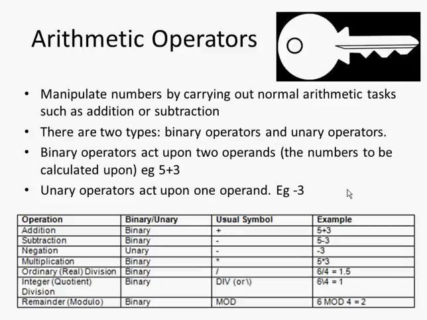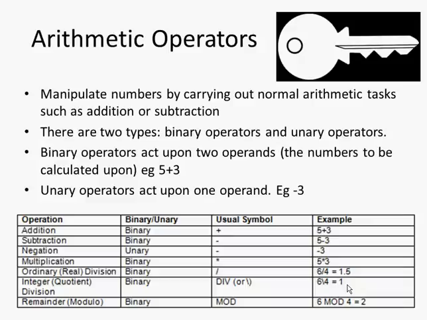You'll need to pause the video and have a look at this table to see how different arithmetic operators work: plus, the two versions of the minus sign, the little star for multiplication, the / for ordinary real division, where we return an exact result, the backslash, or the command div, for what we call integer or quotient division, where we only get a whole number as a result.